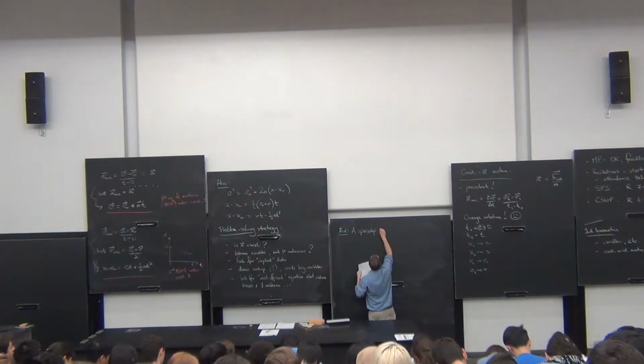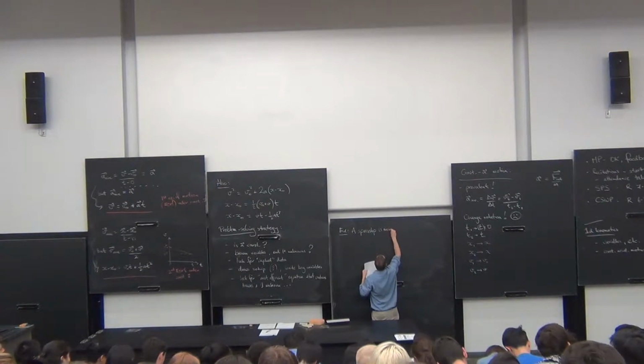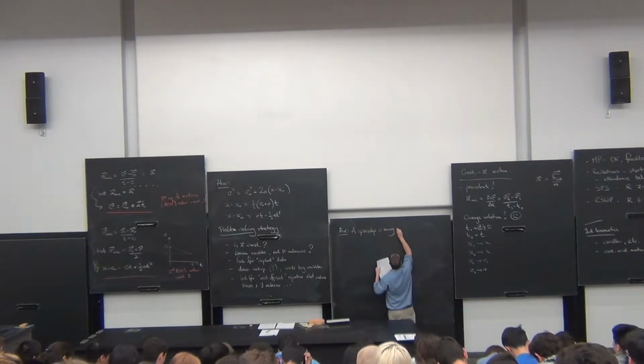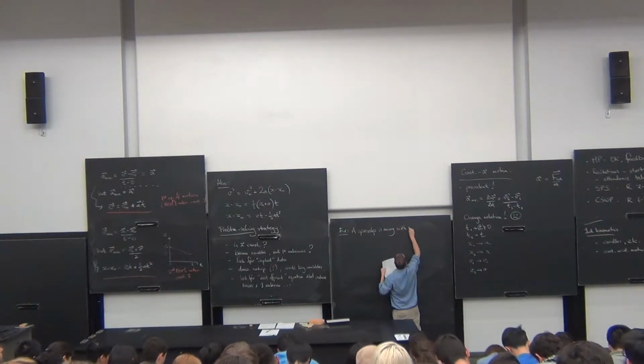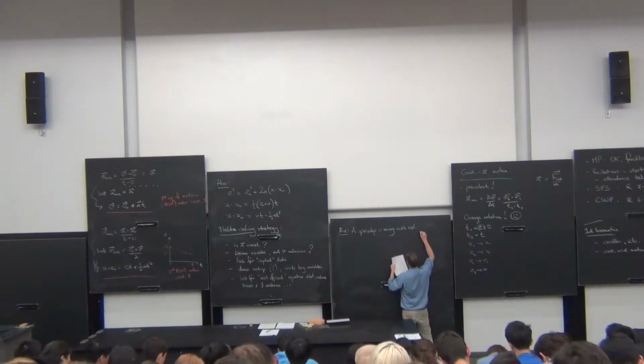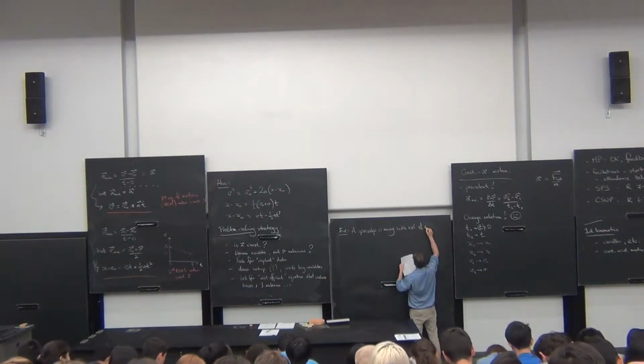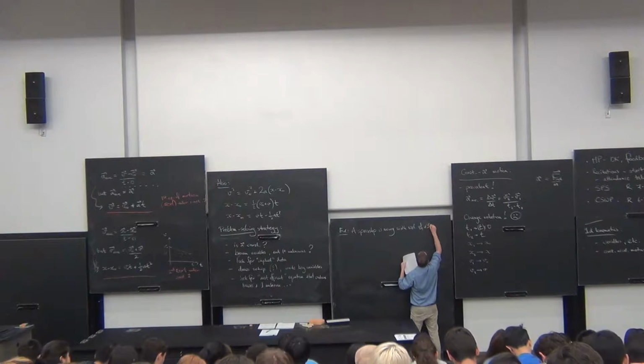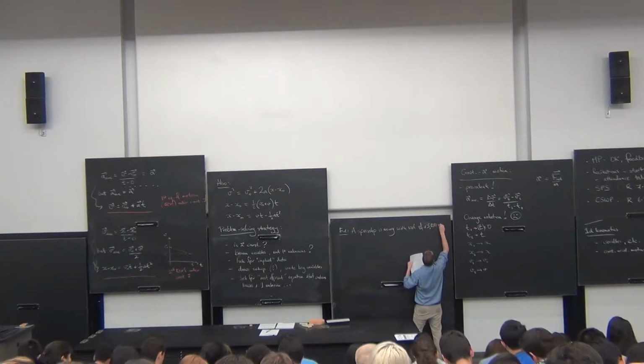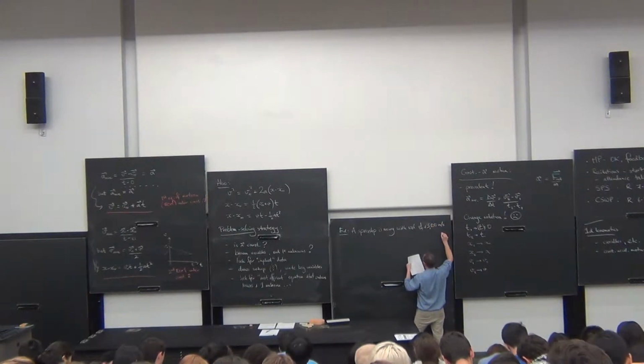So a spaceship is moving with velocity of plus 3,250 meters per second.